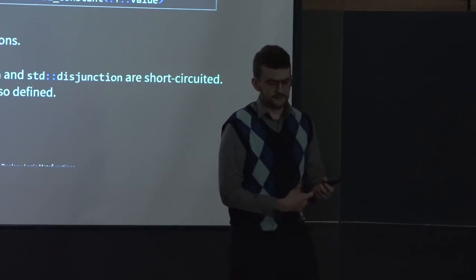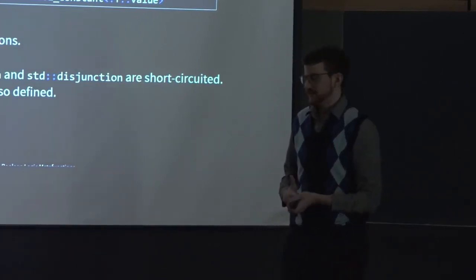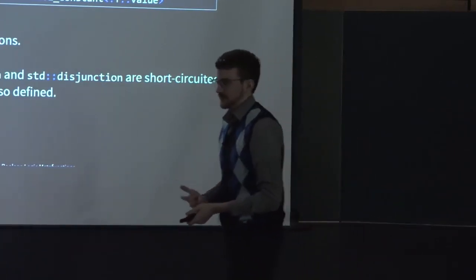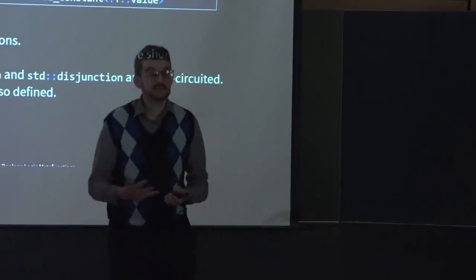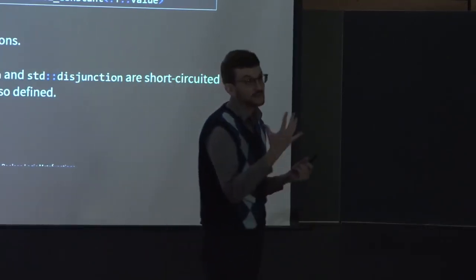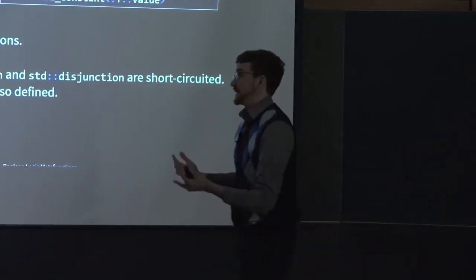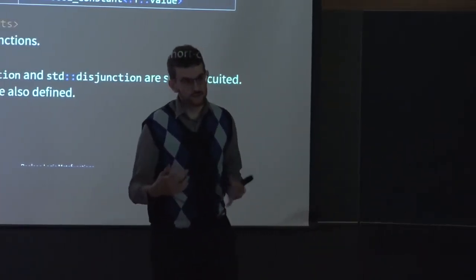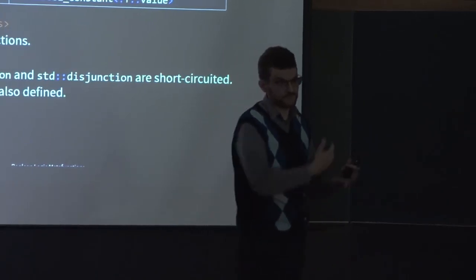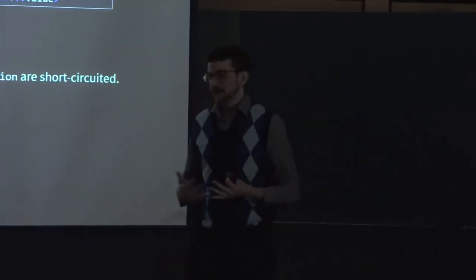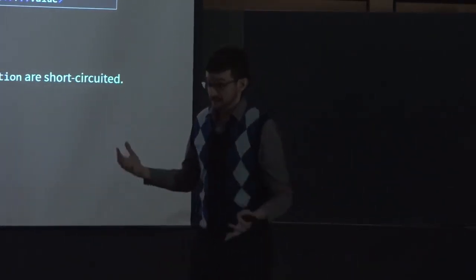Concepts is in a TS. Modules is heading to a TS. Ranges is in a TS. Networking is in a TS. Coroutines is in a TS. Executors is in very early stages of maybe being in a TS. Concurrency and parallelism are both about to do their next round of TS. I'm sure I'm forgetting some.